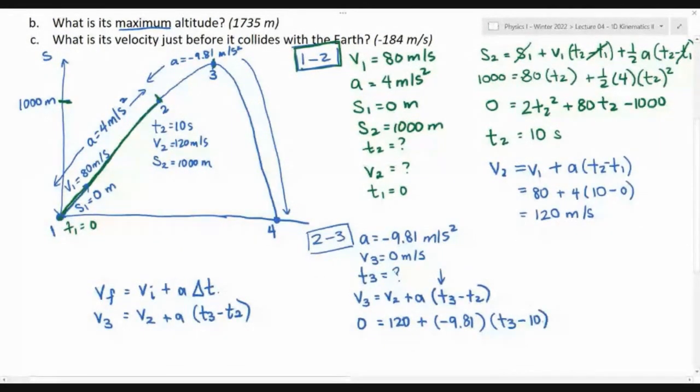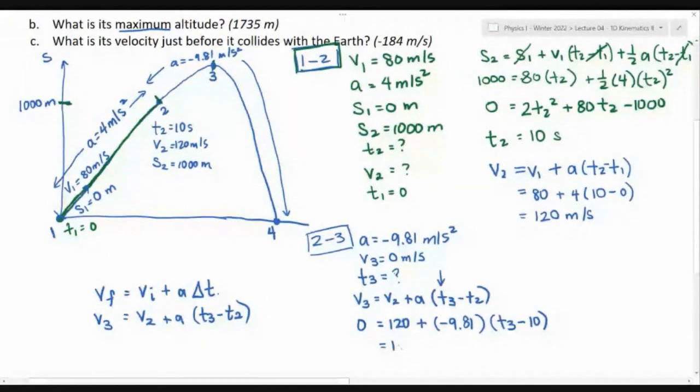So when we solve for T3, we're not just finding the time it takes to get from 2 to 3. We're finding the total time at 3. So T1 was 0 seconds. 10 seconds go by and we're at 2. Now, when we solve for T3, that's the total amount of time, considering T1 was 0. How much time does it take to get to 3? That's the total.